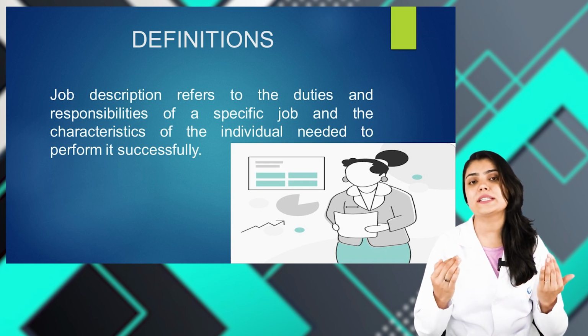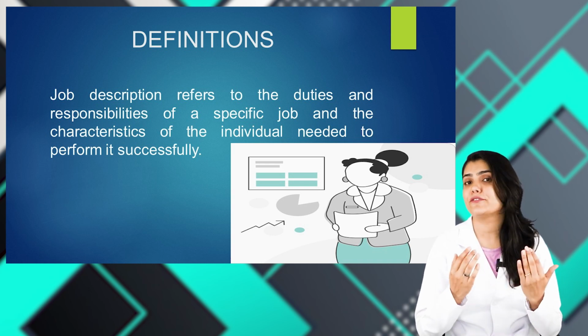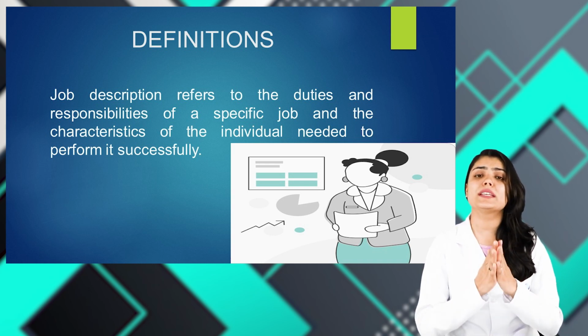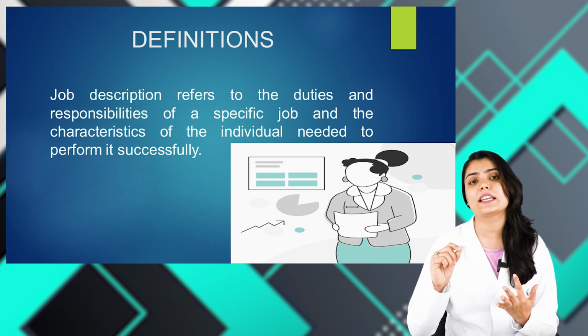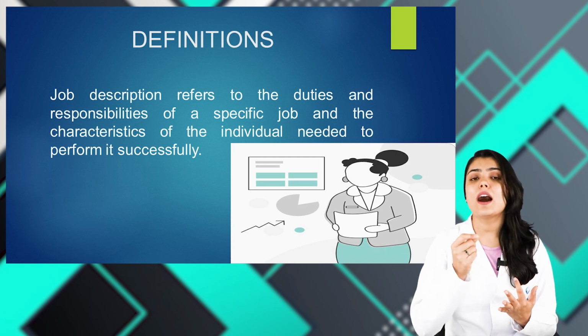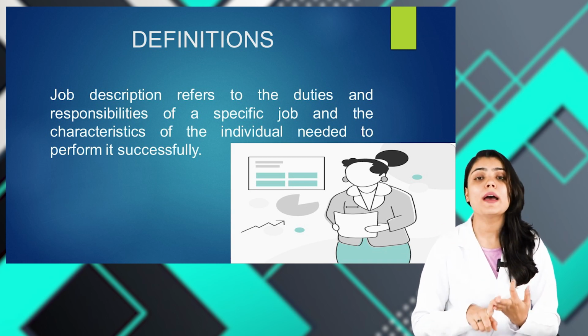We have been discussing job description, and it is very clear that it gives a detailed explanation about the duties, roles, and responsibilities that an individual has to carry out after being selected for the job. Along with that, it also describes the characteristics that an individual must possess in order to function efficiently in that position.